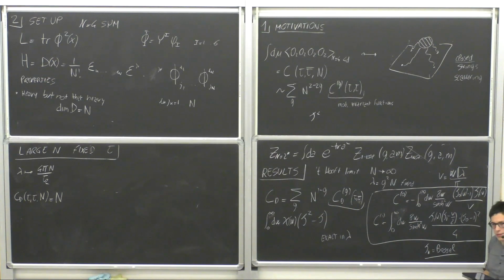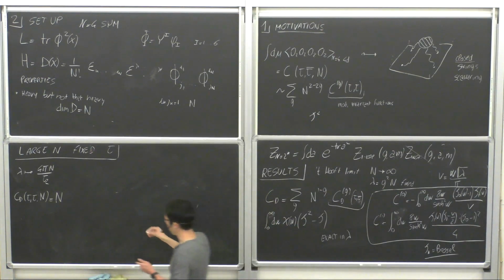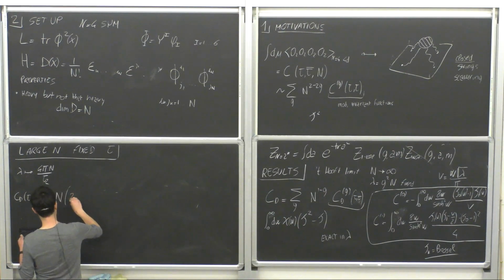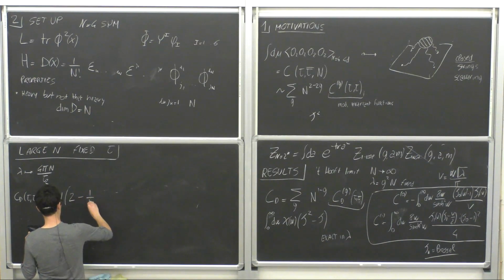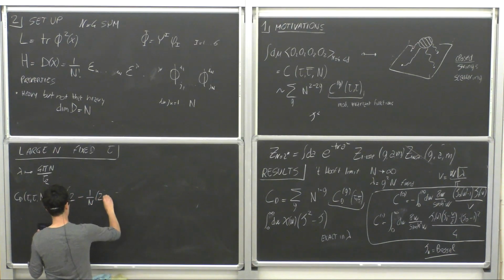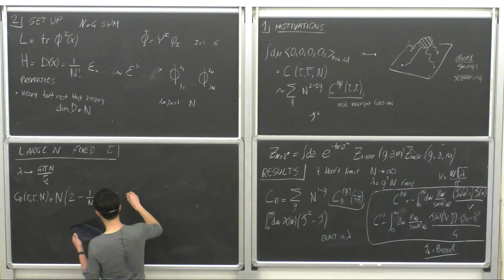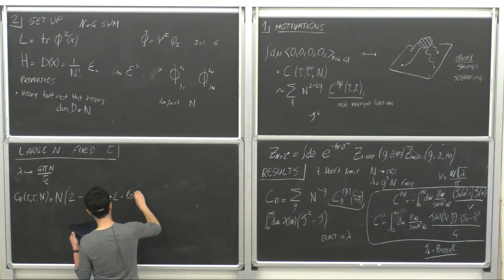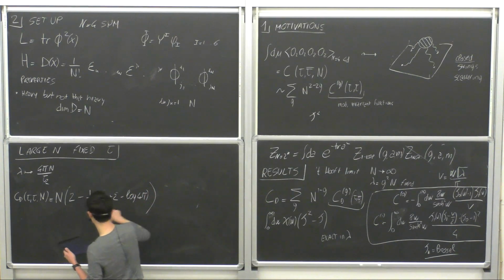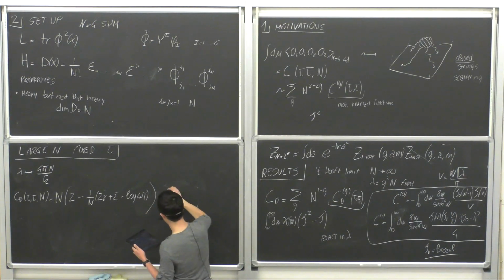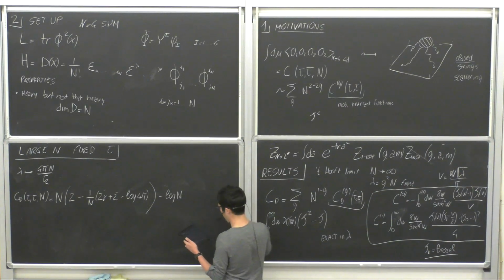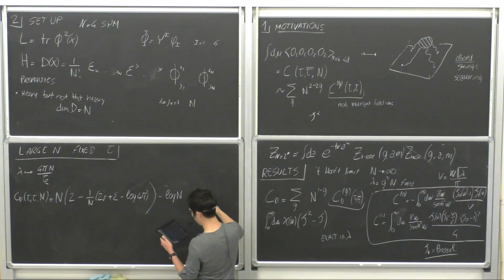Yes, exactly that. Okay, so let me write the result and then give an interpretation. This is the supergravity result, and this is the first string correction. We have a log n term, which is expected also from the brane scattering perspective.